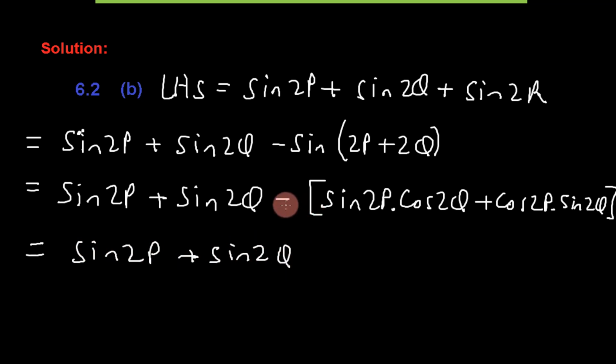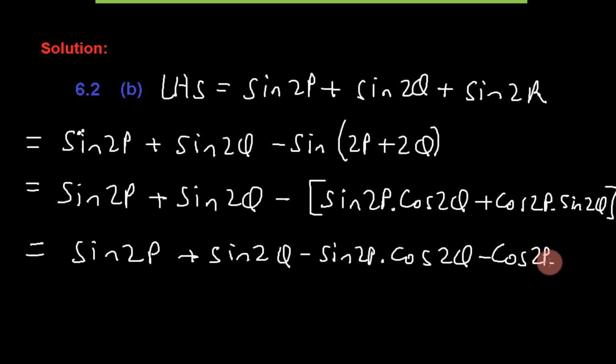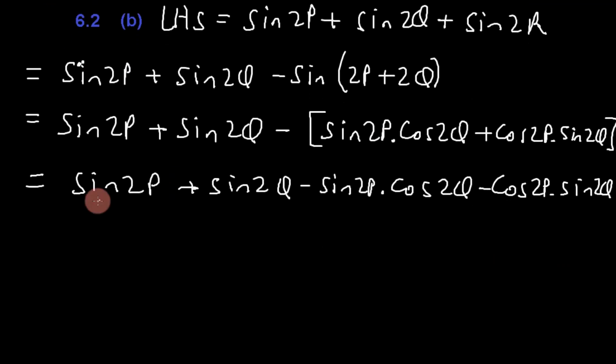We can multiply this negative into the square brackets here. Now we see that we've got common factors. We have the sine of 2p here, as well as over here, and we have the sine of 2q here, as well as over here. So we can take out these common factors.